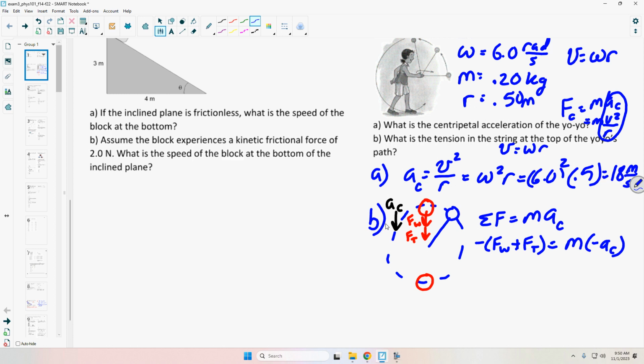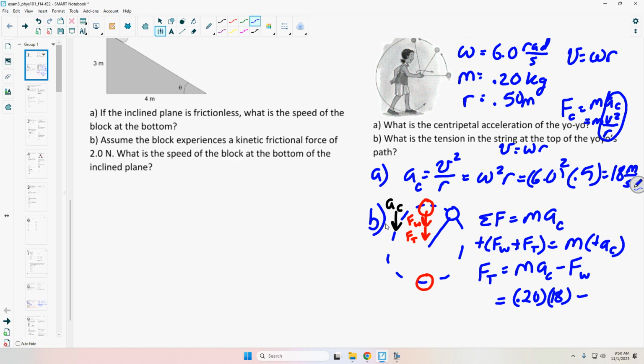So if I want to find Ft, I say, well, first of all, this negative will cancel out with that negative, and Ft will equal mac minus Fw. So that's going to be m, which is a half, 0.2 kilograms, times ac, which was 18 meters per second squared, minus the weight.